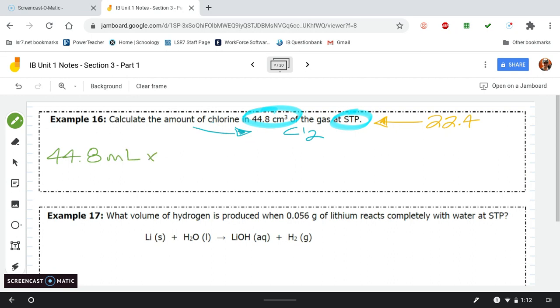So that can be kind of useful to us here, because now I can use my 22.4 and I can say, okay, if I can get to liters, then remember that 22.4, that's 22.4 liters for every 1 mole. That's the conversion that we're going to use.